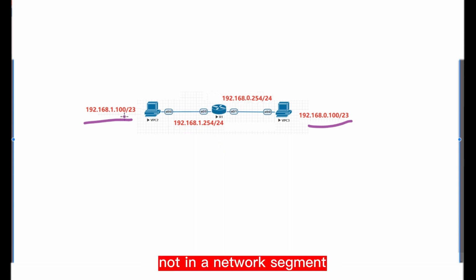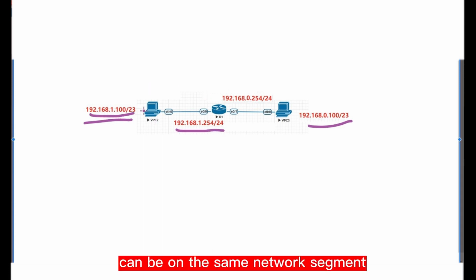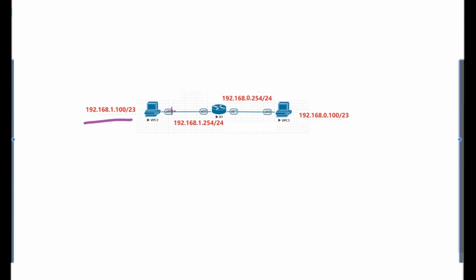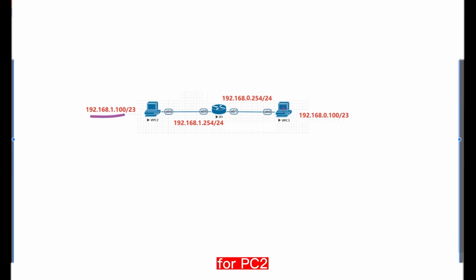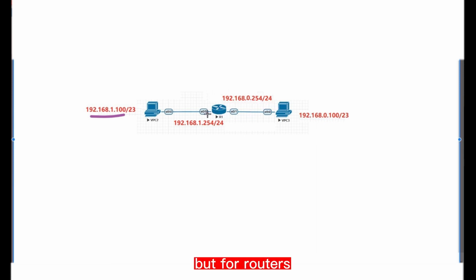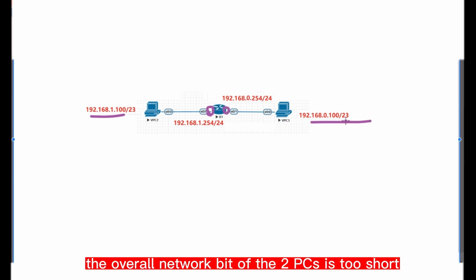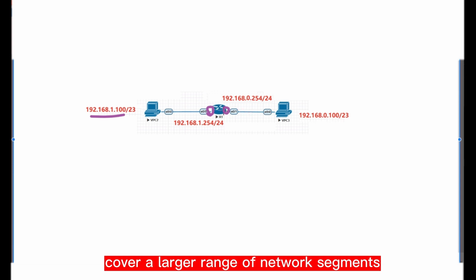The two interfaces of the router are not in one network segment, but for the PCs, overall, they can be on the same network segment. For PC1, they are on the same network segment. For PC2, they are on the same network segment. But for the router, these are two interfaces. Now you will find the network bits of the two PCs are too short, causing them to cover a larger range of network segments.